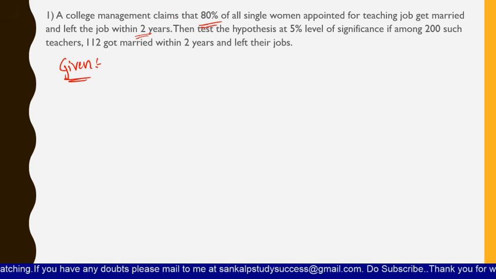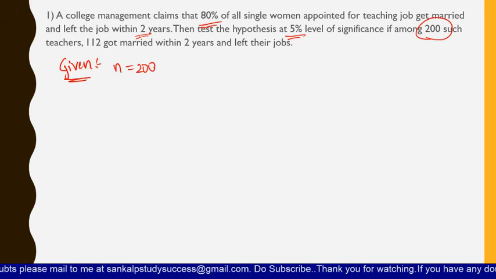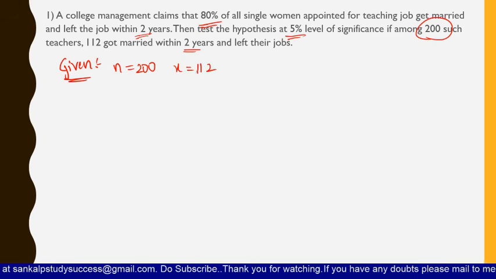And then test the hypothesis at 5% level of significance, which is already given as 5%. Among 200 such teachers, that means n is equal to 200. And 112 got married within 2 years and left their job. That means the x value is 112.